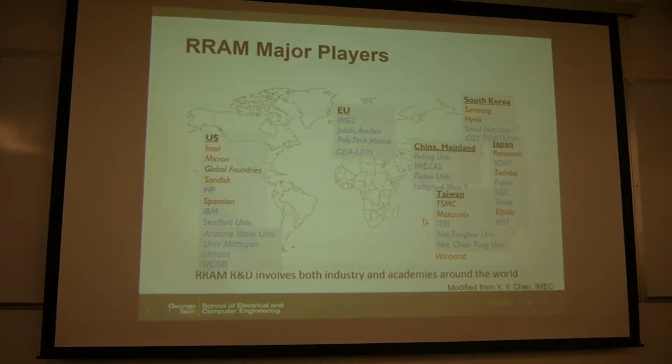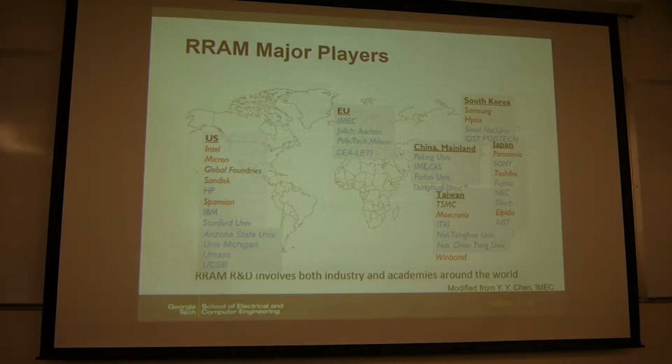So first of all, here is a map of the major players in the business of the RRAM research and development. And it's a worldwide kind of activity here. And many companies are involved in the R&D and many universities.